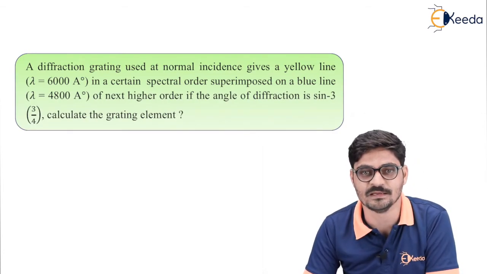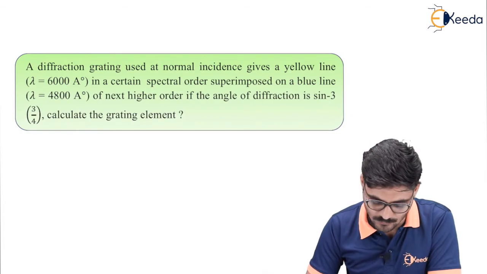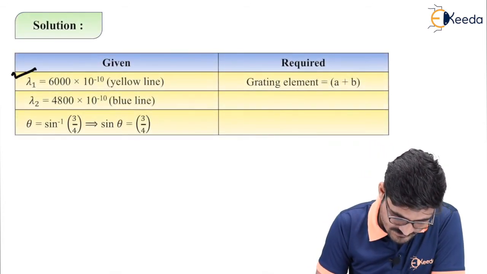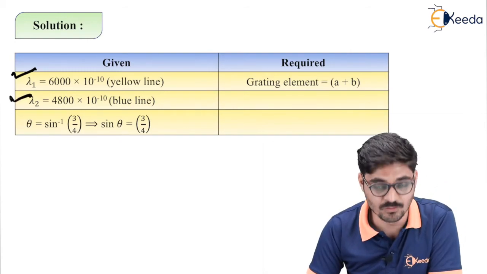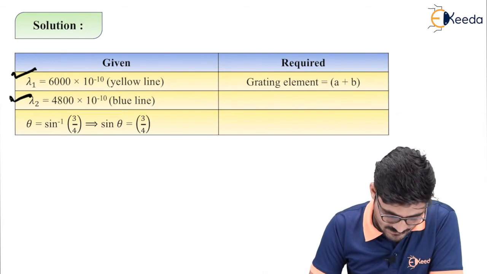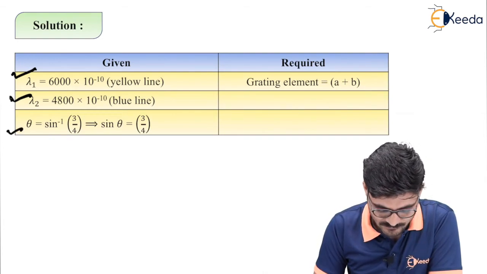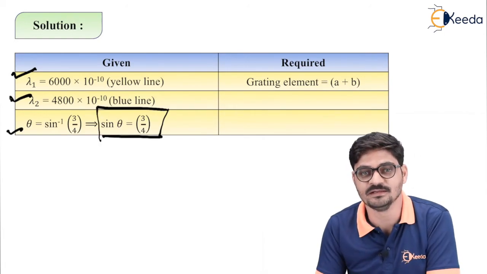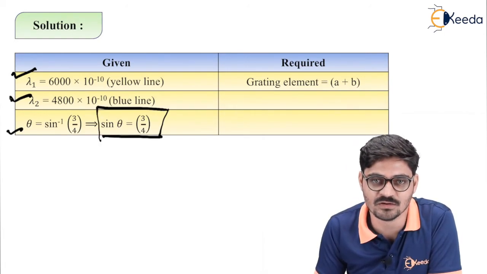What you have to find is a plus b. So for that, what is given? It is lambda 1 and lambda 2, the wavelengths of the yellow line and blue line, both are given, and theta is sin inverse of 3 by 4. You can convert it to sin theta. Why? Because in the formula of grating element we will have sin theta along with it. Now how to solve it?